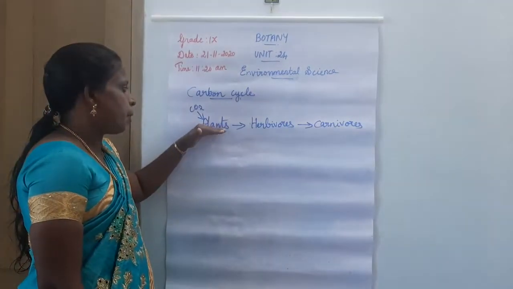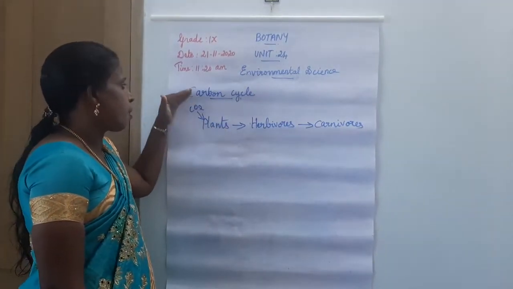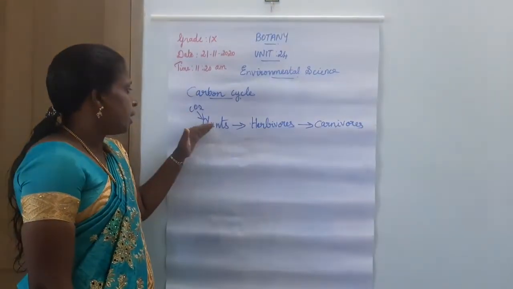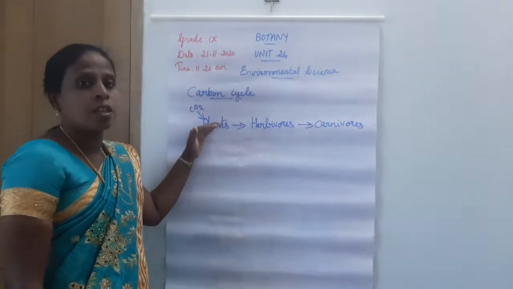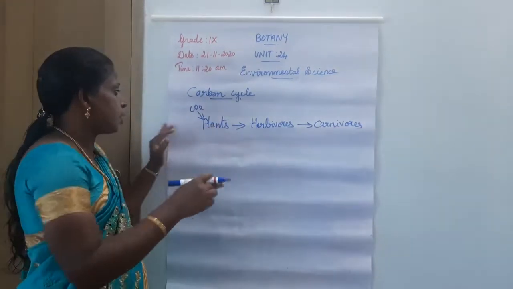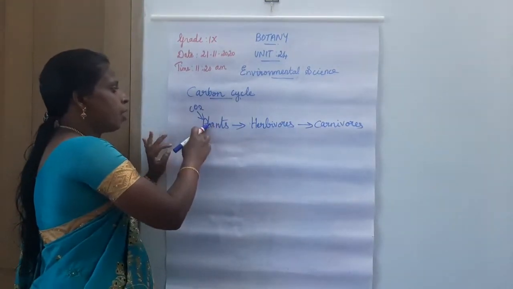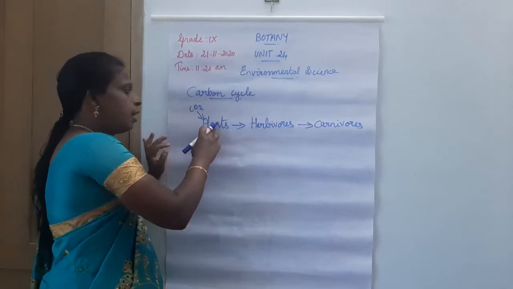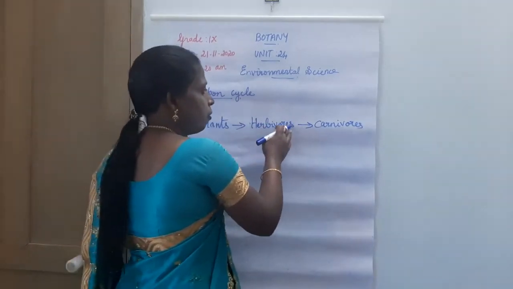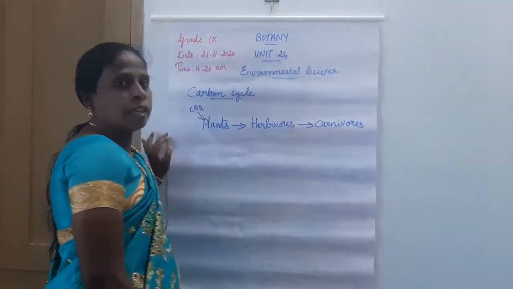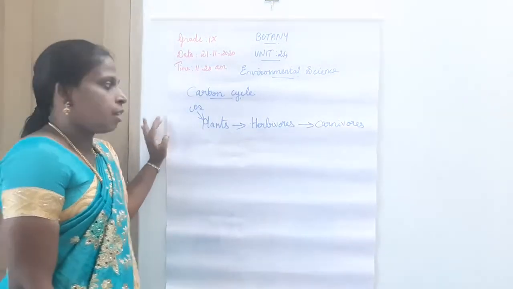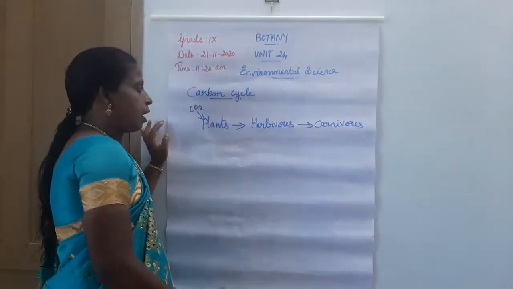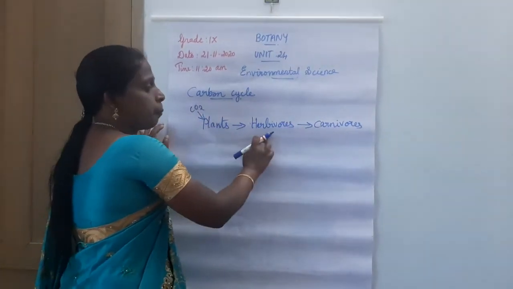First the green plants absorb carbon dioxide by the process of photosynthesis. During photosynthesis, they absorb the carbon dioxide and the carbon enters the plant body. Again it is transferred to herbivores, then to carnivores. Then during decomposition, carbon dioxide is released to the atmosphere, and also during respiration.